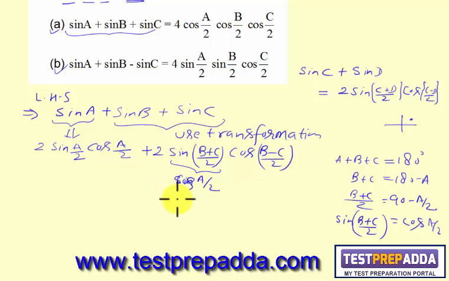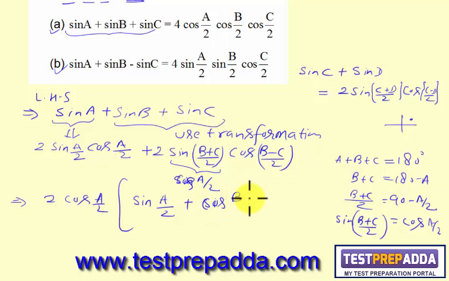Now cos A by 2 will be taken common. In fact, 2 cos A by 2. If I take 2 cos A by 2 common, inside the bracket I'll get sin A by 2 plus cos B minus C by 2.